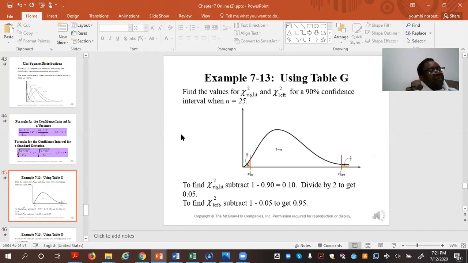Remember that table in page 652? That was the T distribution. Now we want to go to page 653.